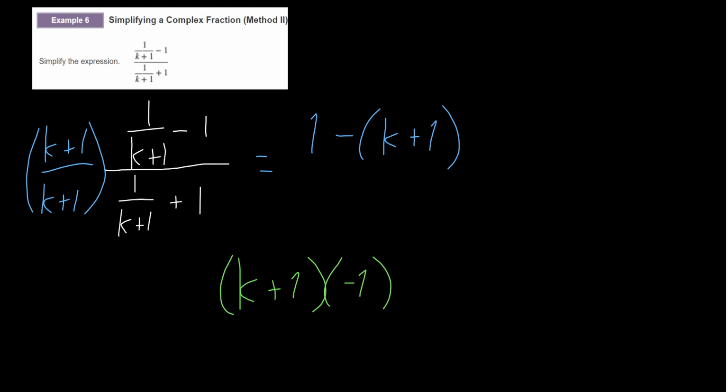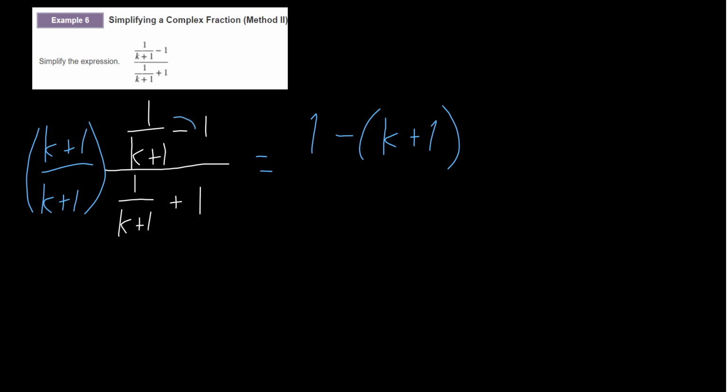So we're used to, let's actually not do it that way, because that'll end up giving me negative k minus 1, and that's where we will end up eventually when we distribute. But let's not deal with it right yet. Instead, we'll just talk about this minus sign.